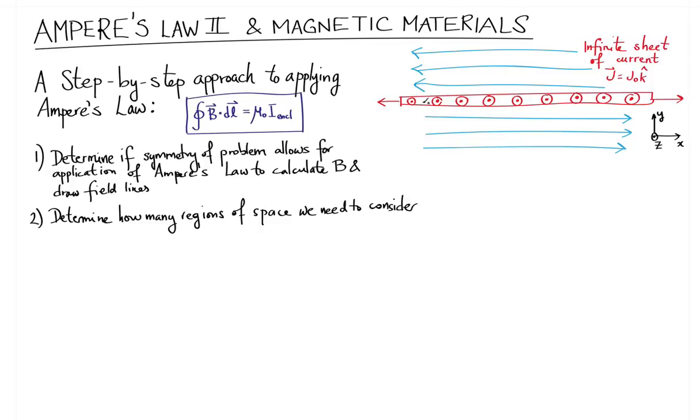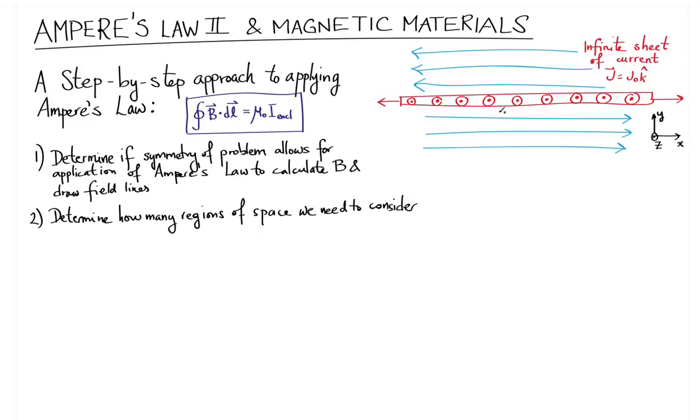However, if this sheet was not very, very thin, let's imagine it had some kind of thickness, okay? So instead of this linear current density, this areal current density, we basically have a volume current density. So imagine this thing was not an infinitely thin sheet, but an infinitely wide slab. Then there would be some regions where we'd have to calculate the field inside the slab.